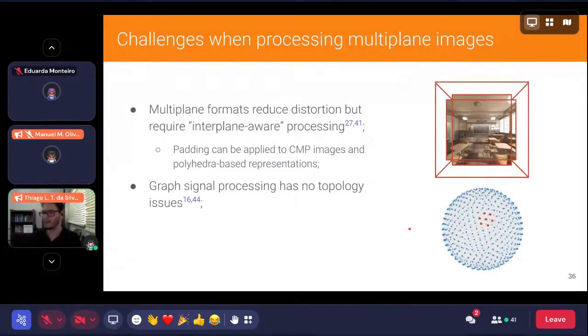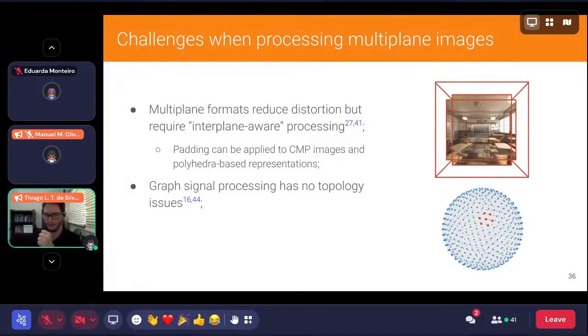Okay, but one thing that we did not mention is that this spherical image can actually be represented in a graph, so in a spherical graph, where each pixel is a node in this graph, and the adjacencies between pixels are encoded as edges.